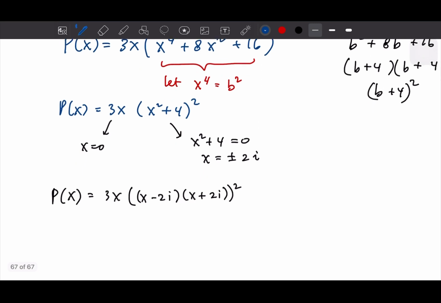So we could see that this multiplicity is 1, right? And 2i, so we can say 0 has multiplicity 1, 2i multiplicity is 2, and negative 2i multiplicity is 2. How we know the multiplicity is from this square here, okay?